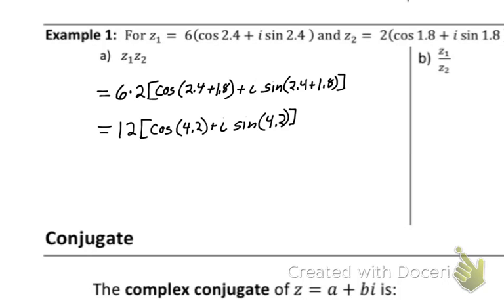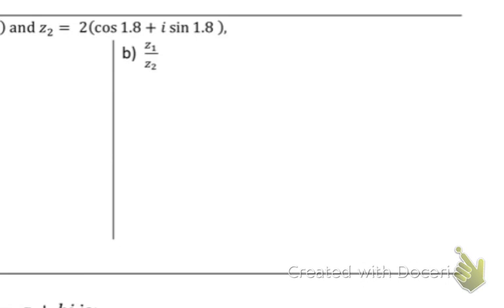All right, let's go do the same thing for division. If I'm dividing z sub 1 divided by z sub 2, rather than multiplying my moduli, I'm going to divide. So we have 6 divided by 2. Then we're going to do our cosine. Rather than adding our arguments, we're going to subtract them.